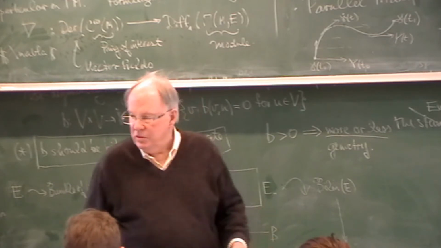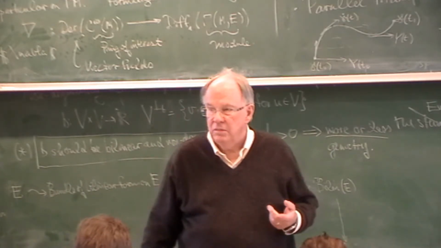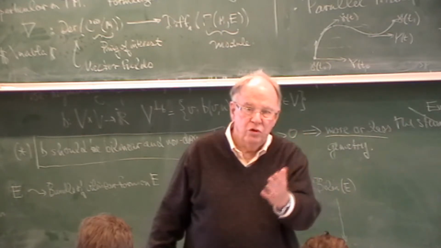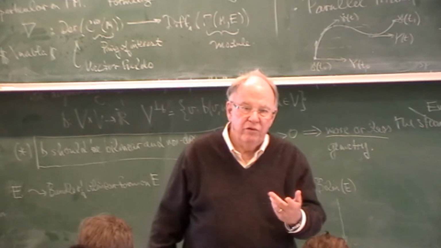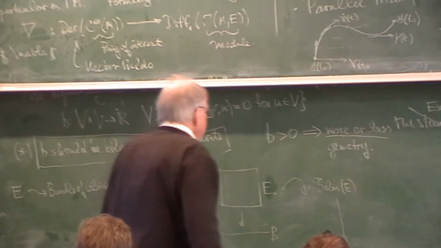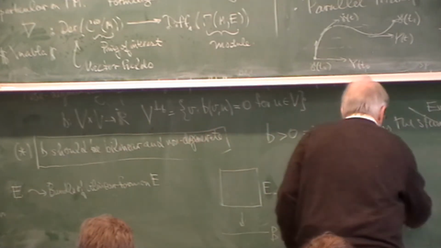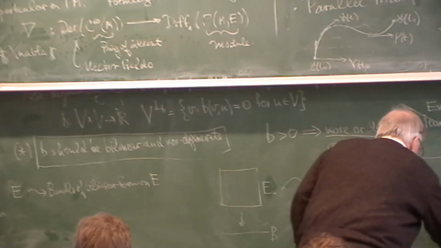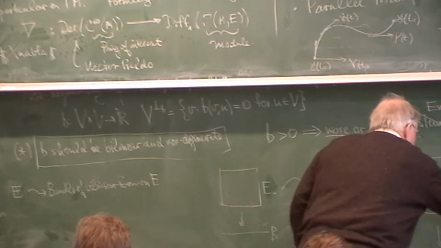But not everybody was there. Well, most people were there. So we have the dual bundle and the bundle of bilinear forms. And now when you have this bundle of bilinear forms, what is the right object? Here's the bilinear forms.